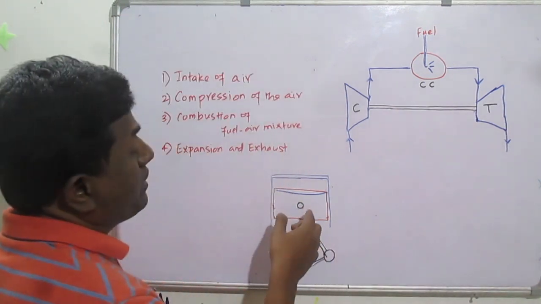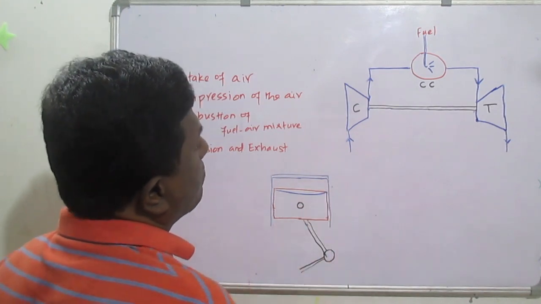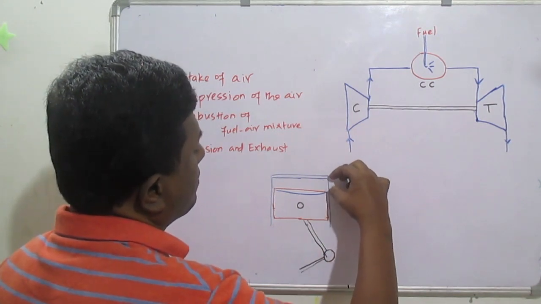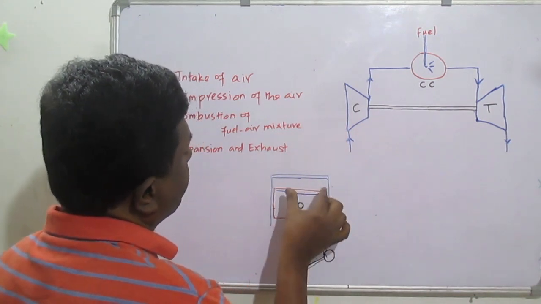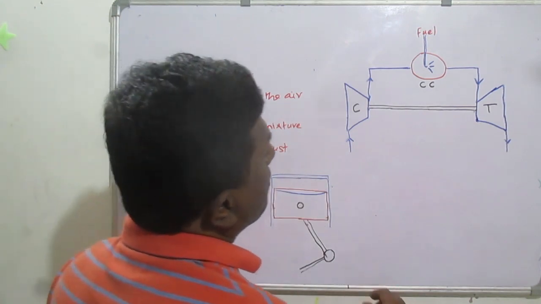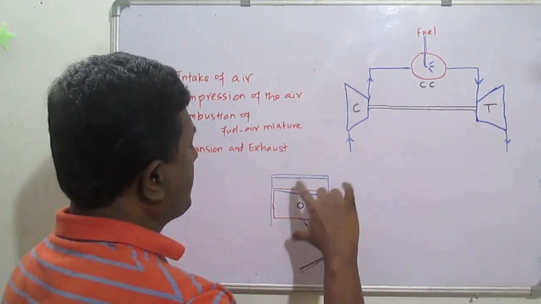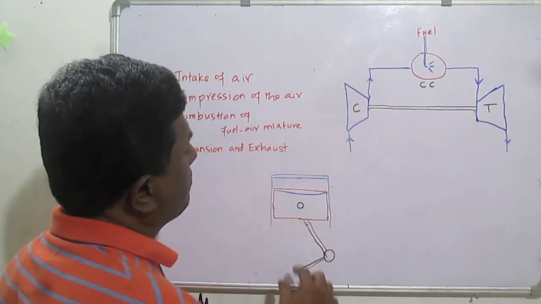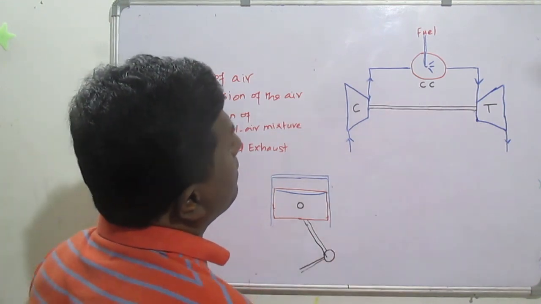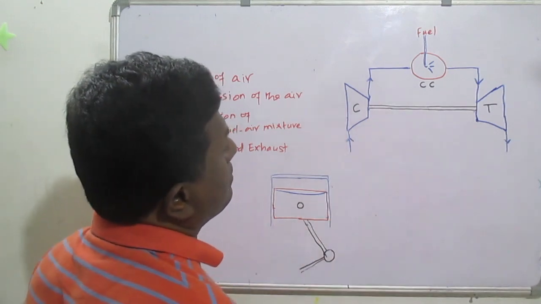But here, because of the constant volume combustion, the heat addition takes place only for a short duration. That is one reason why the combustion in the IC engine is intermittent, and why the combustion in the gas turbine engine is continuous.